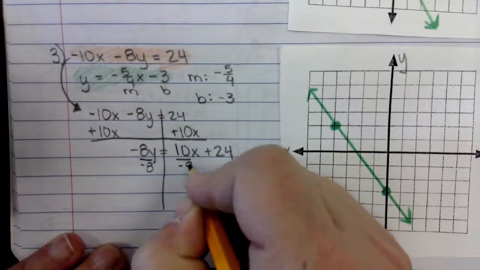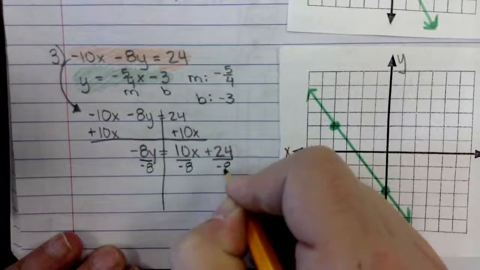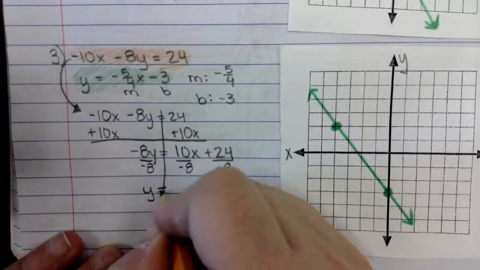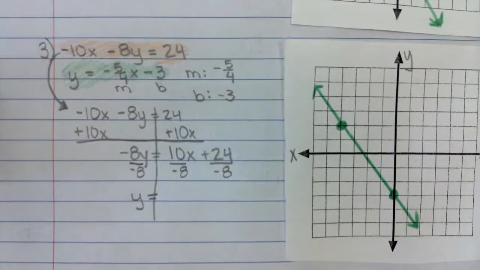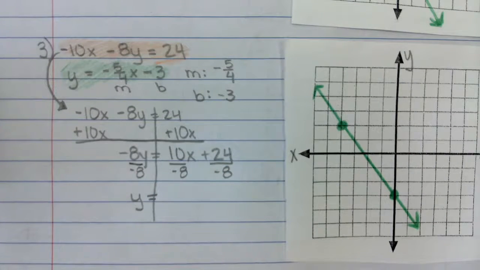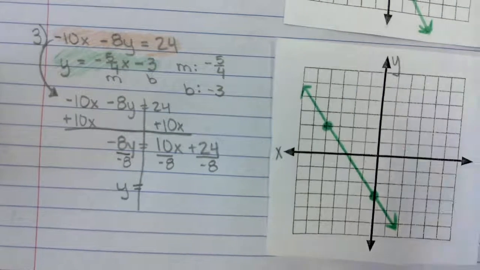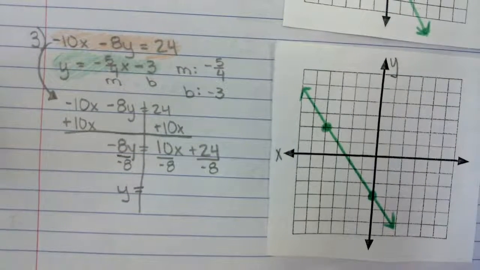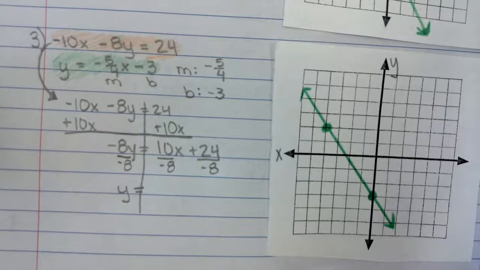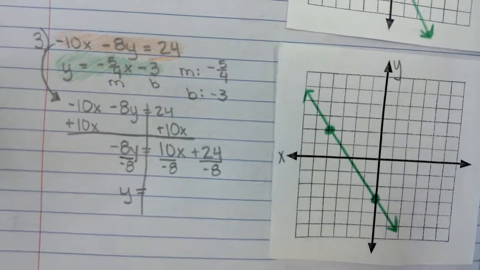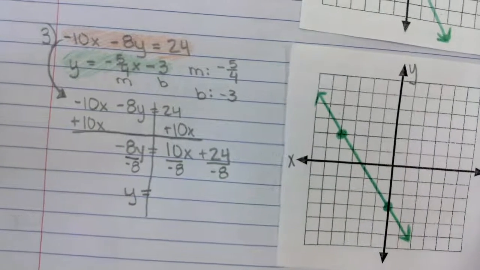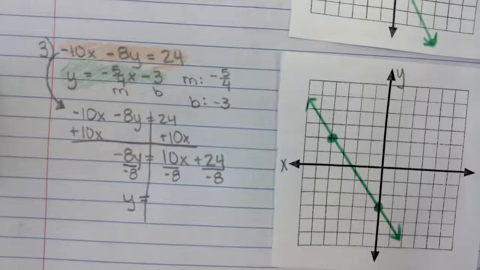Alright, 10 divided by negative 8. Can we divide 10 by negative 8? No. But can I simplify that? Yeah, I can divide both 10 and 8 by 2. So 5, 8 divided by 2 is 4, and then that negative just comes out front.